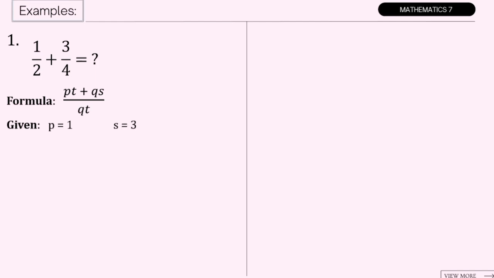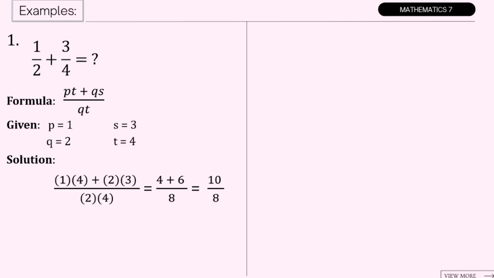Then our givens are p is equal to 1, q is 2, s is 3, and t is 4. Then substitute into the formula. So p is 1 times t is 4, plus q is 2 and s is 3, over q is 2 and t is 4.